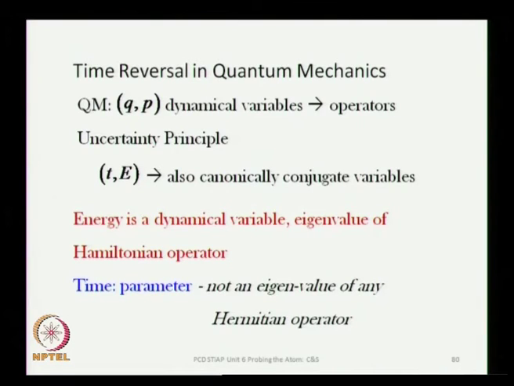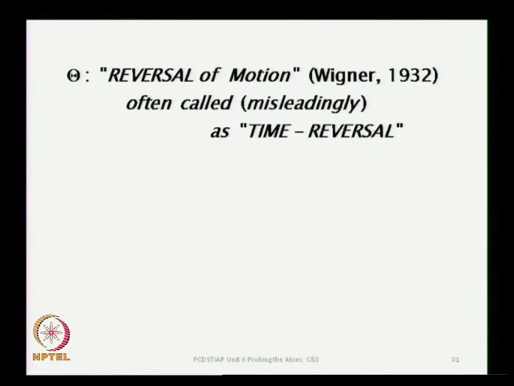Time is just a parameter which changes continuously; it is not an eigenvalue of any operator. That means that what is meant by time reversal has to be understood in its own context in quantum mechanics.